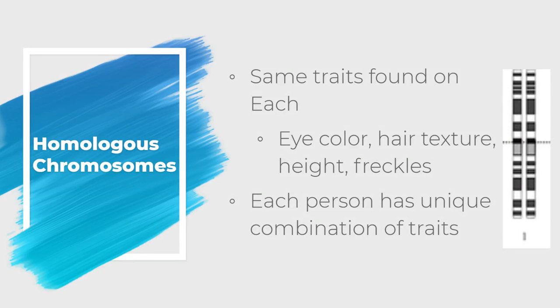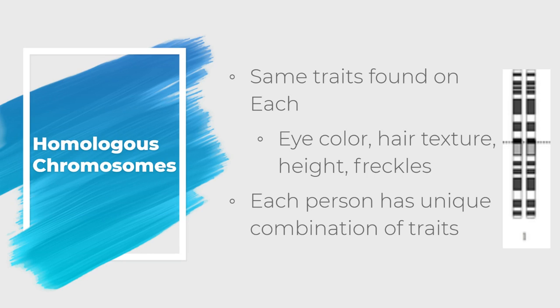So again, the same traits are found on each one. So for instance, in chromosome 1, we might have the gene for hair color, or eye color, or height, or freckles, or hair texture. But each person is going to have a unique combination of the traits, also known as they might have different alleles.